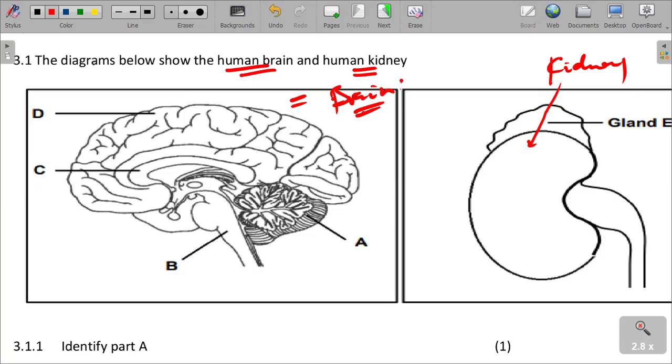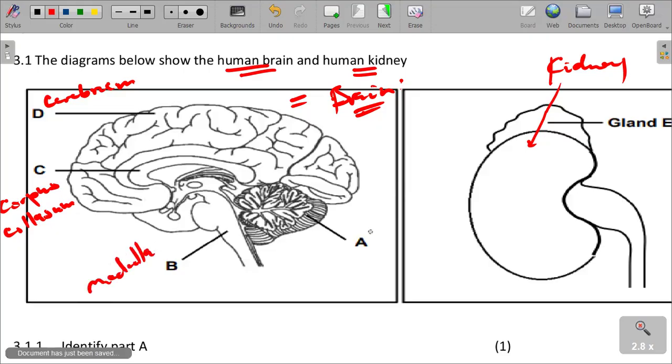I said that in paper 1, as we go to exam, we always need to know the cerebrum, the corpus callosum, the medulla oblongata, and then the cerebellum.